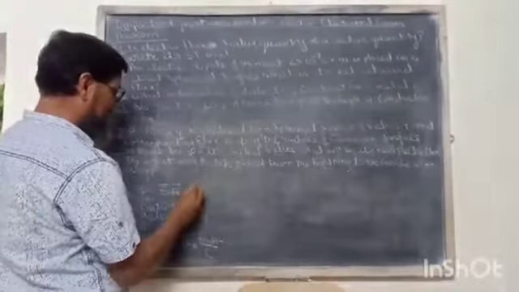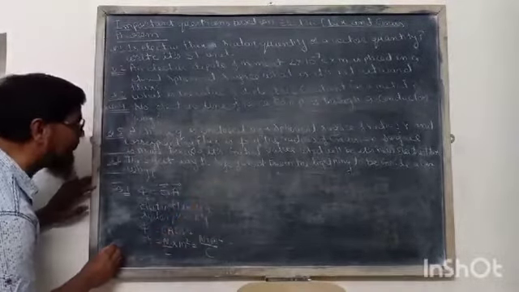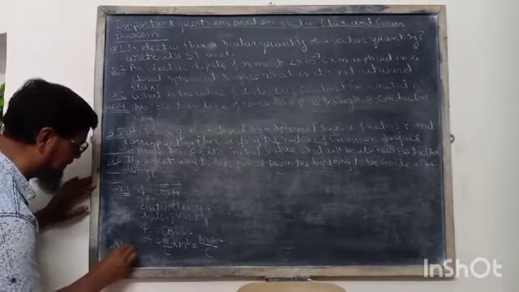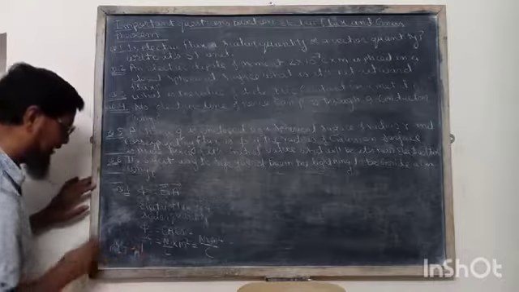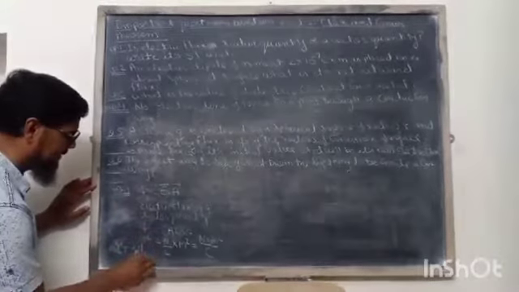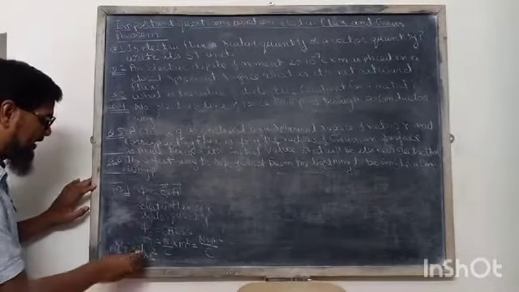The dimensional equation of electric flux is M1 L1 T minus 3 A minus 1 divided by the dimensional equation of area, which is L2.